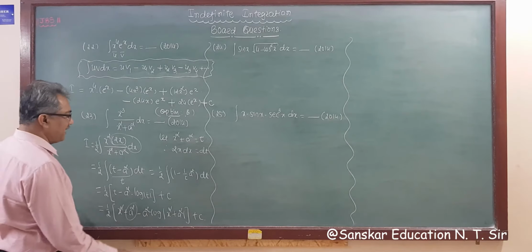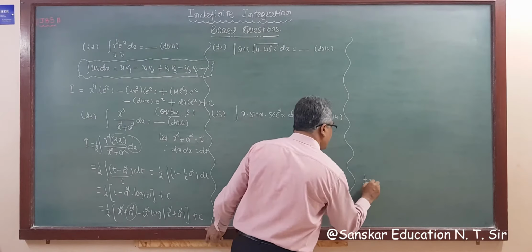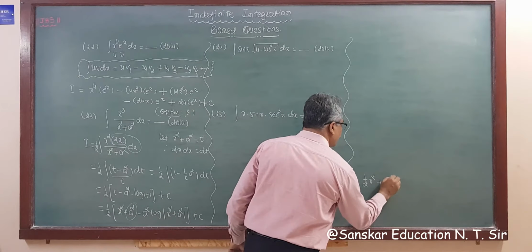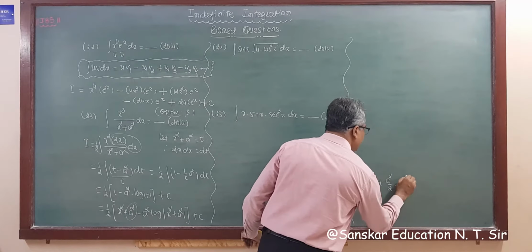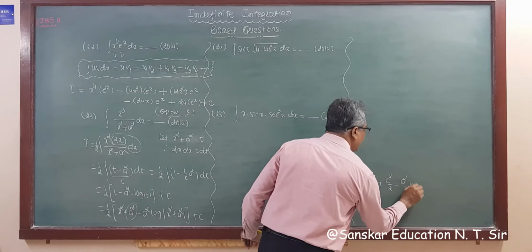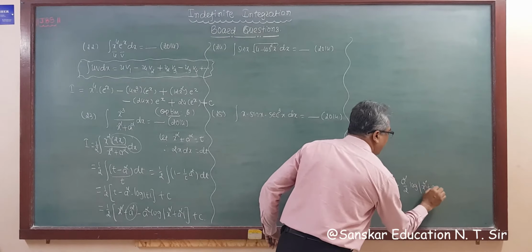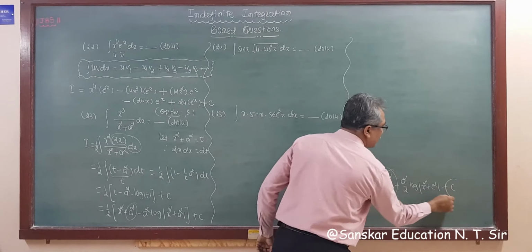So suppose I am explaining here, this becomes 1 upon 2 x square plus a square by 2 minus a square by 2 log mod x square plus a square plus c. Now this is constant and this is also constant.